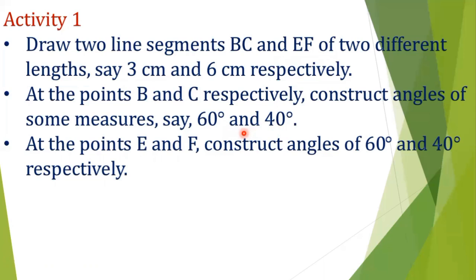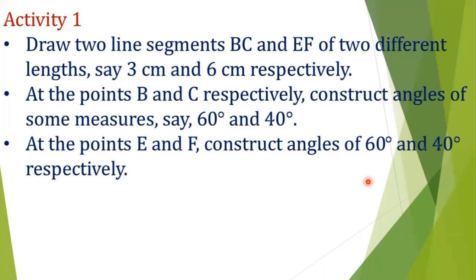You can construct angles of other measurements also. Now at the points E and F, construct angles of the measures which you constructed at B and C. Angles at B and C should be equal to angles at E and F.